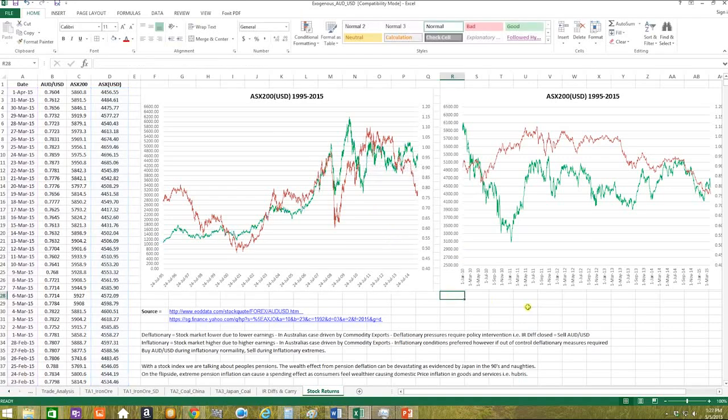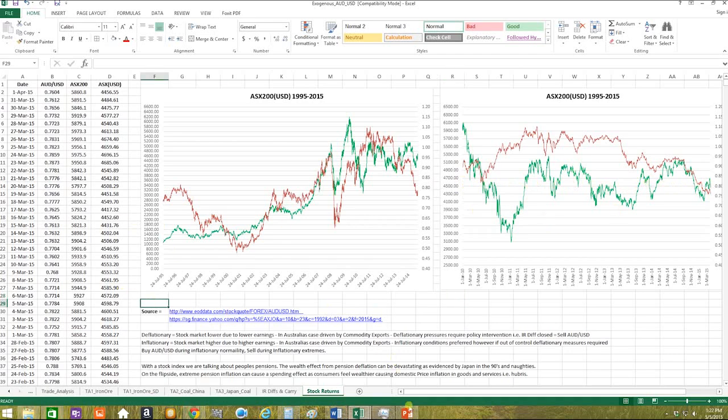If we look across to the right hand side, we can see here, zooming in from 2010 onwards, that really the Australian market priced in, sorry, priced in US dollars, has been going sideways and is kind of around a mean rate of 4,500 to 4,700 on the international benchmark US dollar scale.